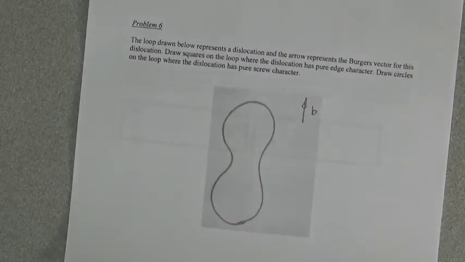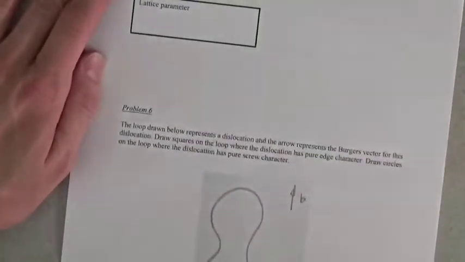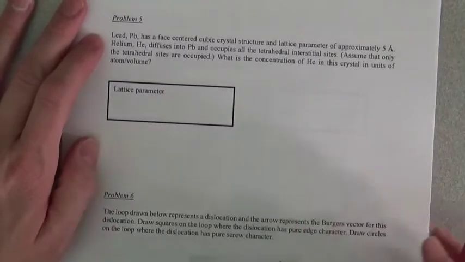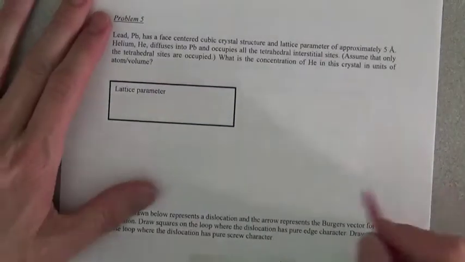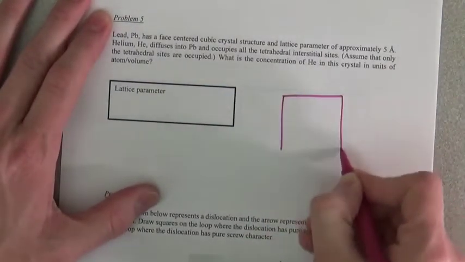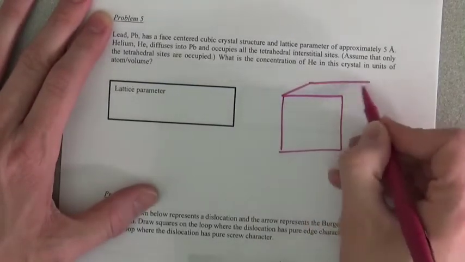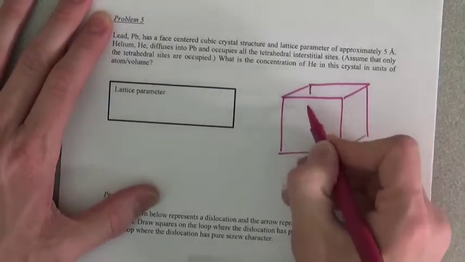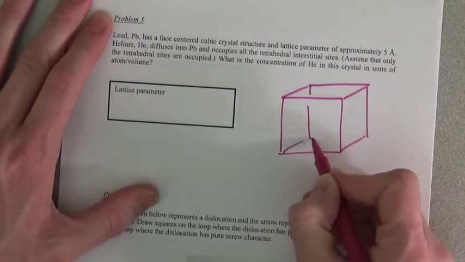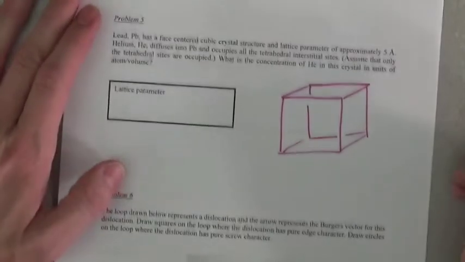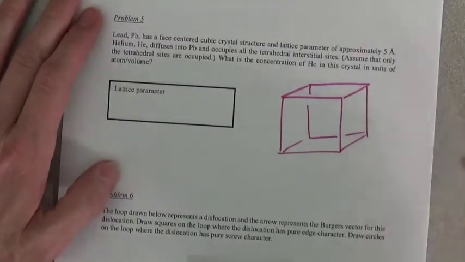This problem was a problem of, or should I say, these two problems were about defects. This one we were talking about interstitial sites, and basically I was saying if you have an FCC crystal and you have tetrahedral sites and they're all occupied, what is the density of the atoms that are occupying it?